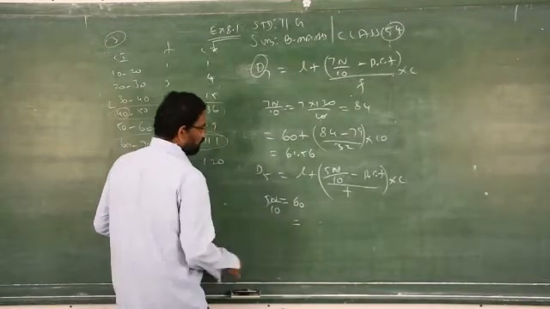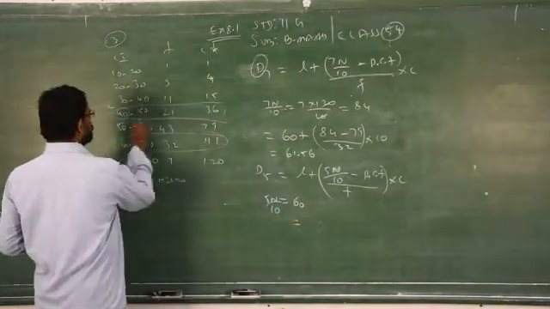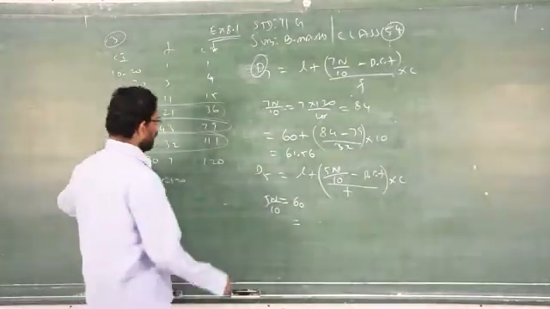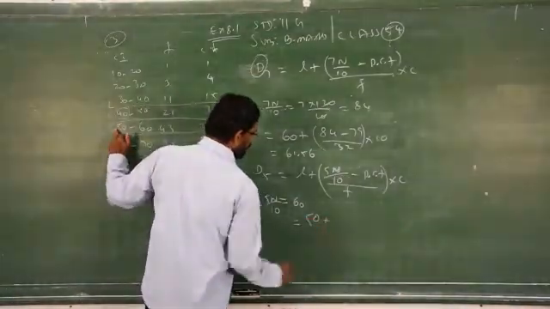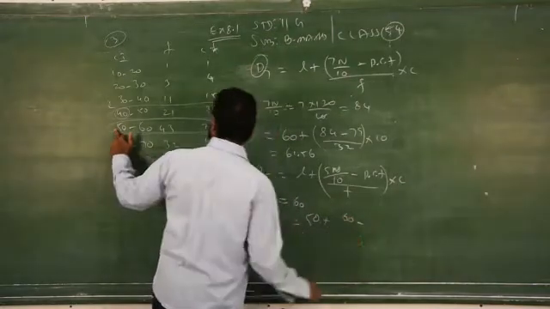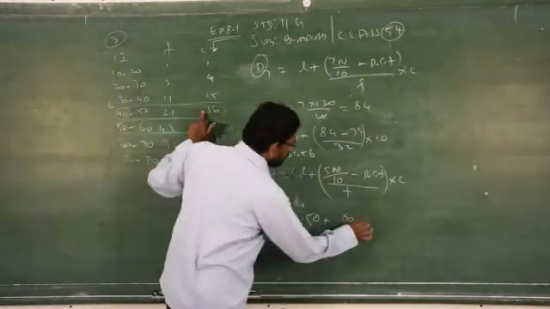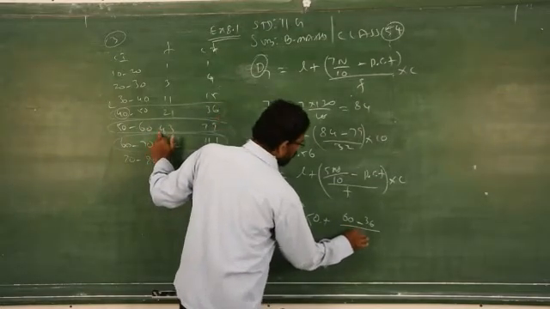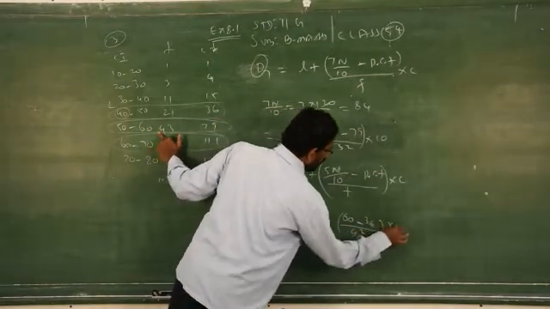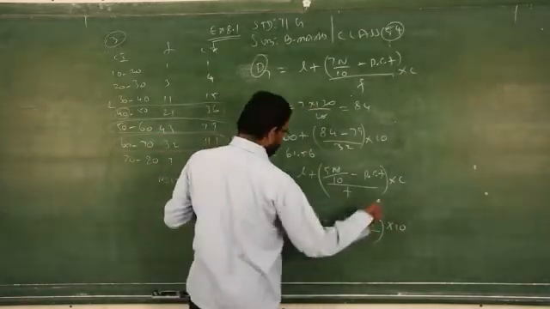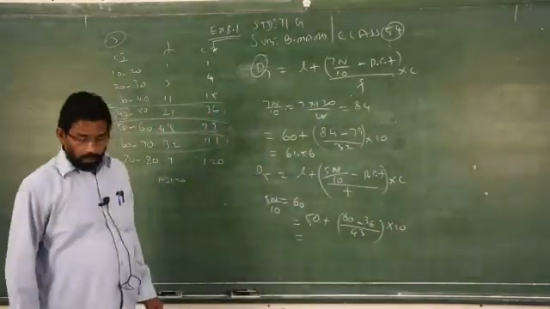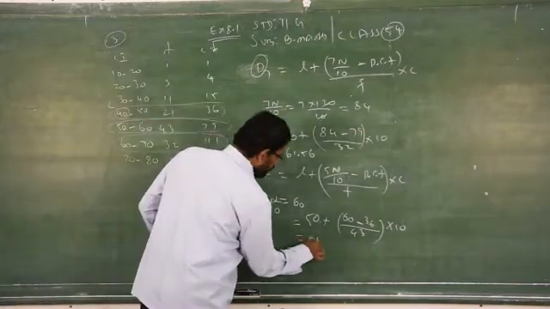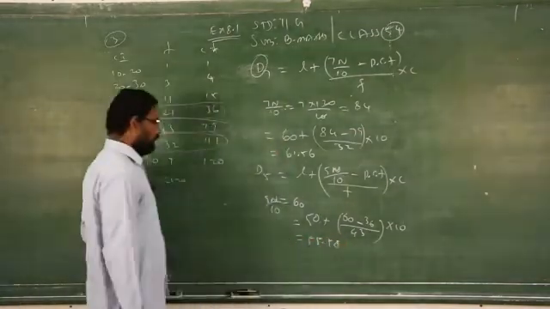So 60 will come under what modal class? 60 will come in 50 to 60. So corresponding lower limit is 50 plus 60 minus the previous cumulative frequency 36, by frequency 43, into 10. So simplify, what will be the answer for D5? 55.58. Just simplify, you will get the answer.